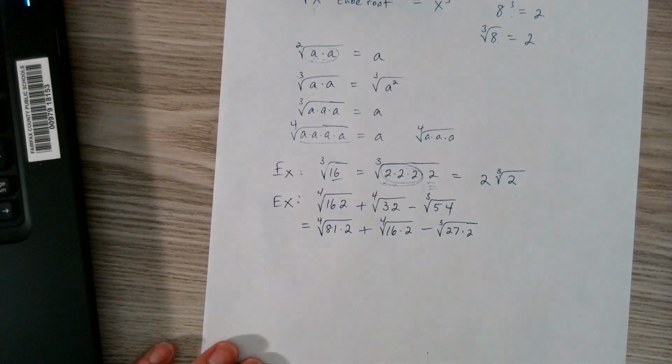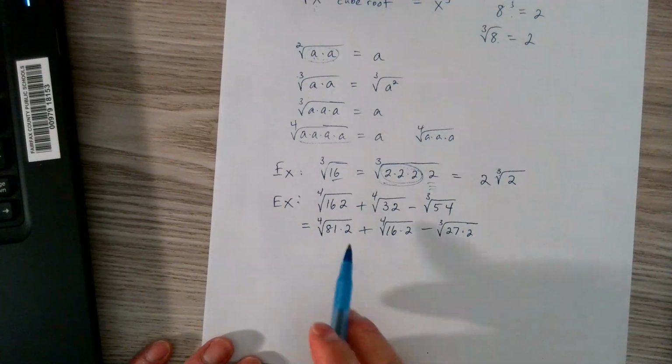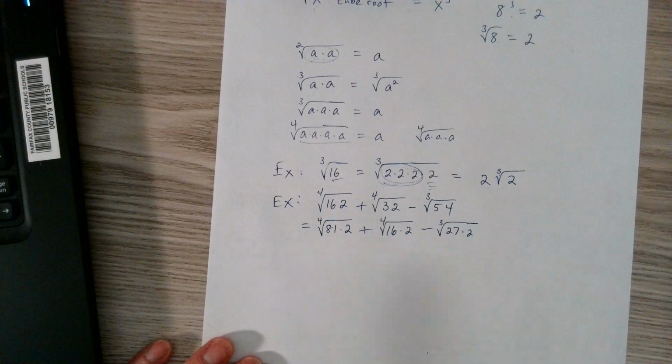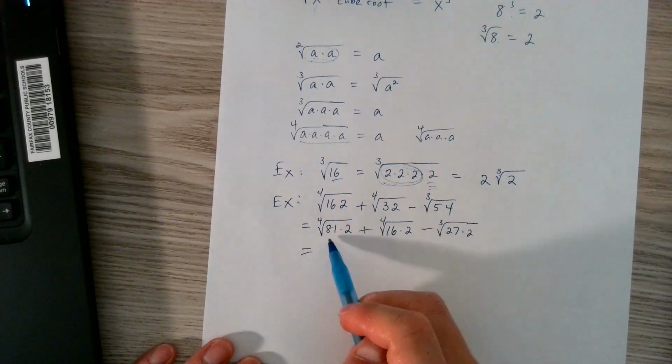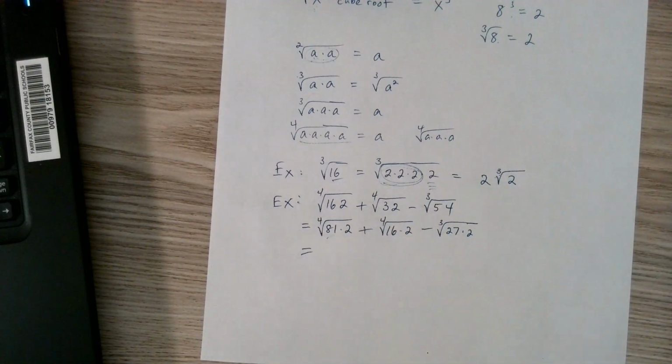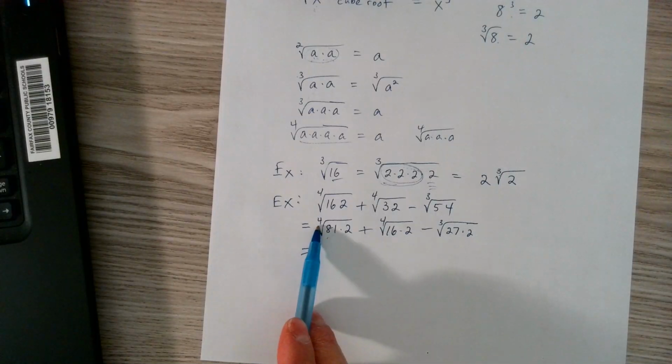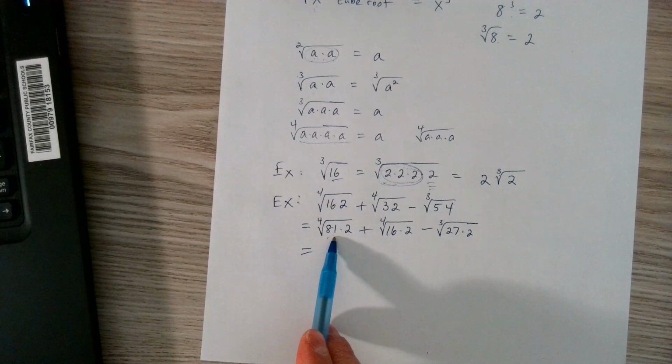Why did I factor them this way? Why didn't I break 81 down to 3 times 3 times 3 times 3? You certainly can do that, but I didn't go any further because I know that 81 is 3 to the 4th power. And since I'm looking for 4 identical factors, if I already know something's 3 to the 4th power, I know that's 4 3's.